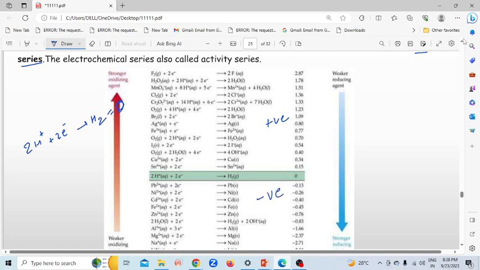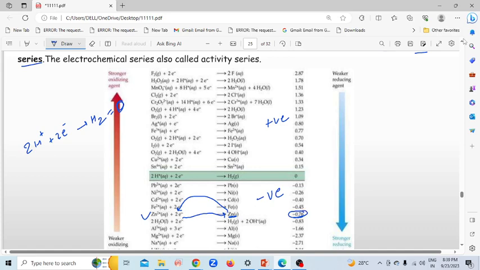Suppose now we take zinc. Zn2+ plus 2 electrons converting to zinc is not possible spontaneously. The reverse reaction is possible, but the forward reaction is not, so you need to provide electricity from outside. That's why its potential is negative.